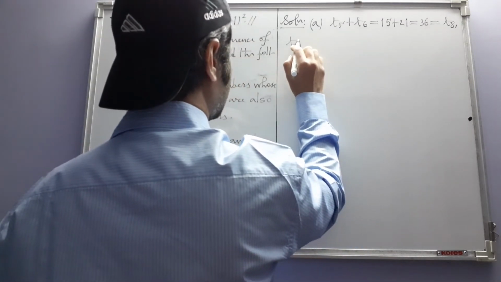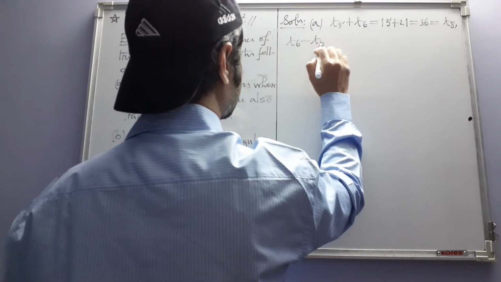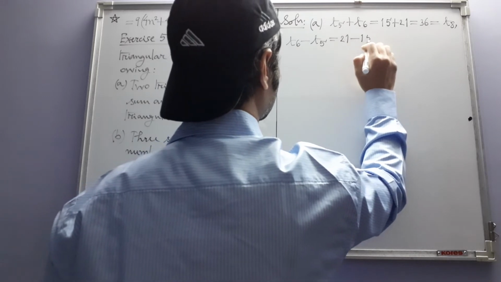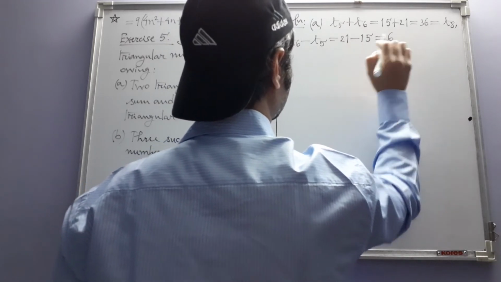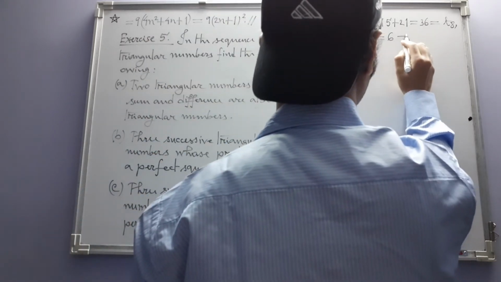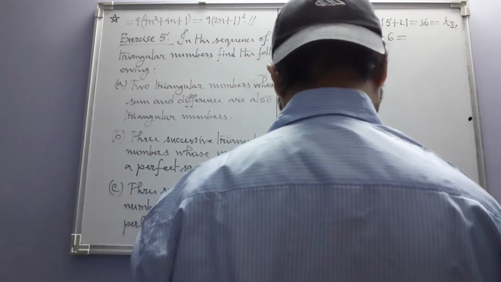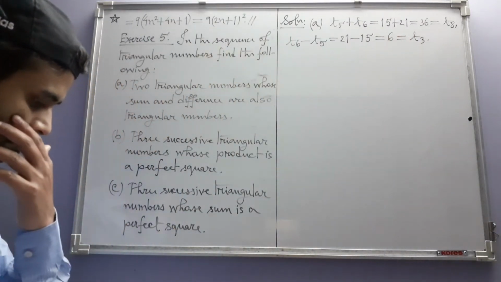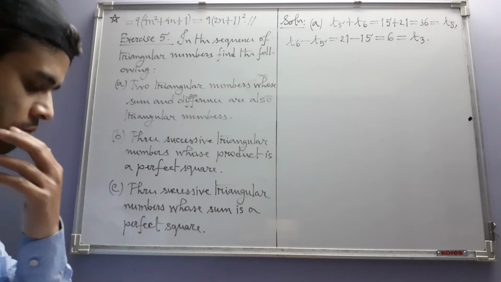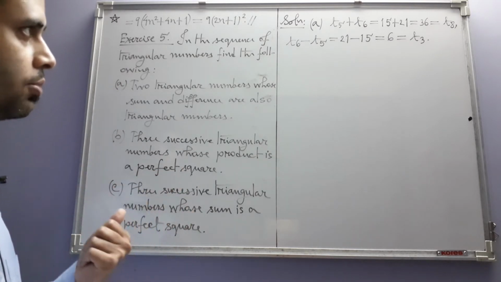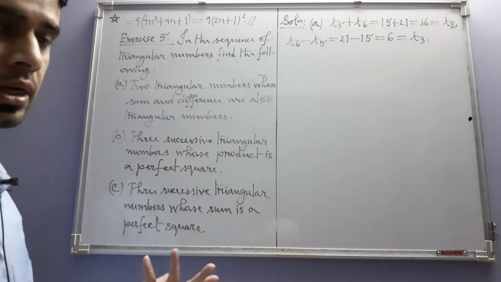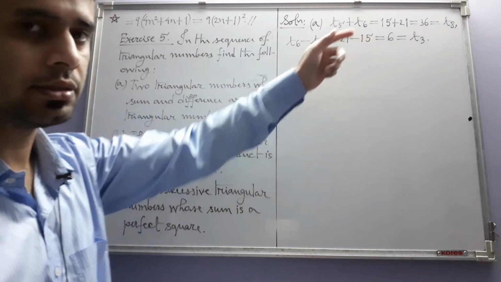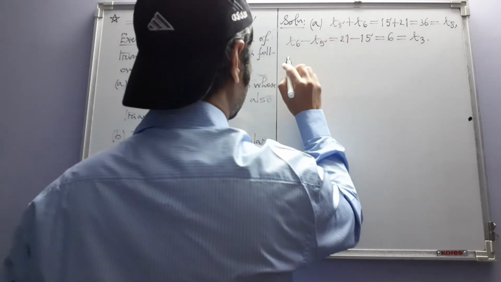And if you take their difference, then this is 6, and 6 is your T3. So these are two triangular numbers whose sum and difference are both triangular numbers. And besides that, you see that they are actually consecutive, in this sense that T5 and T6.